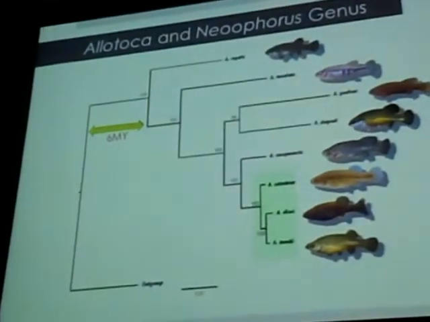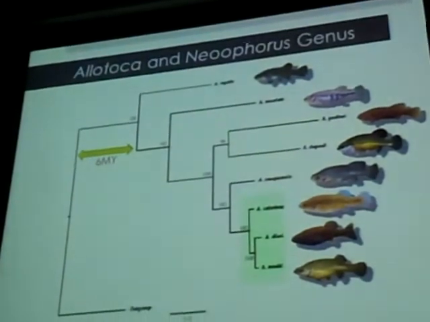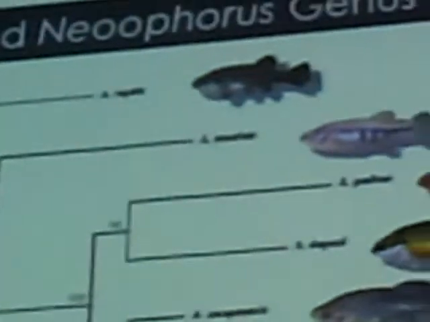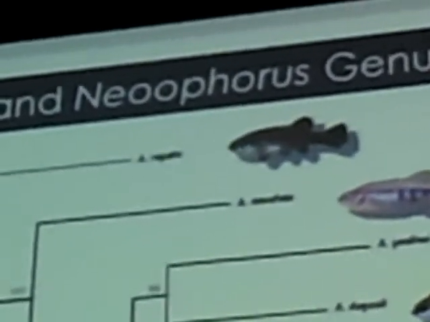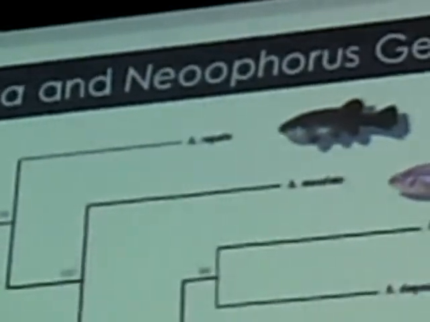There are 8 species and 1 that is not yet described. These species are in Ecuador.